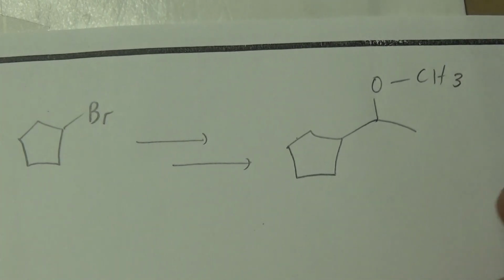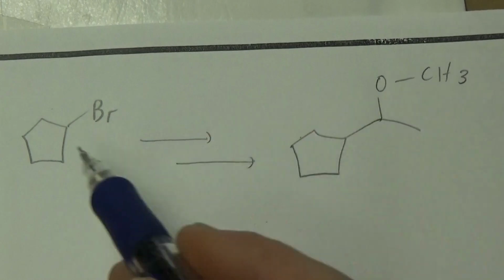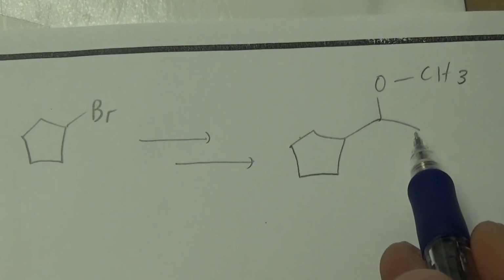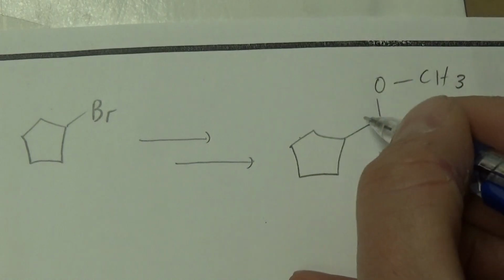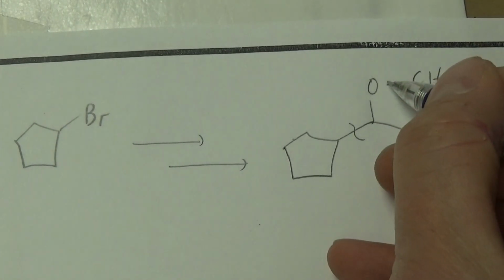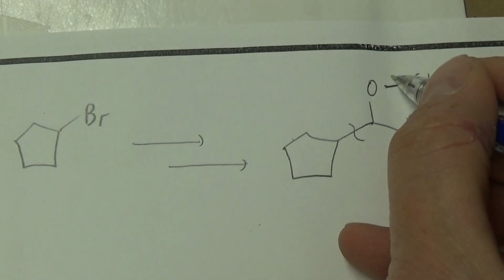So it looks like what squigglies do we got? Well, we start with the 5 carbons. We end up with this thing with apparently like 8 carbons. Obviously, that's a squiggly. We added that piece. But it looks like we have also added the ether. And ethers are made from an alcohol.